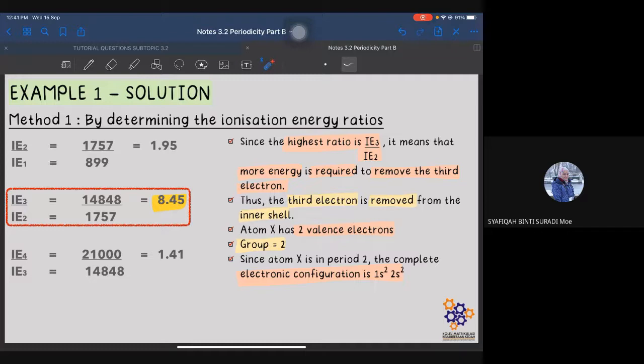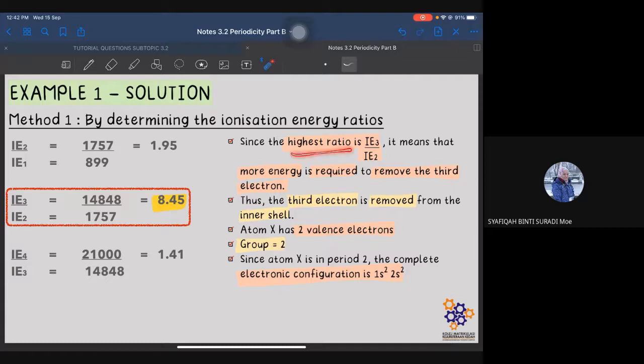Okay. So sekarang ni kita tahu yang the highest ratio here is between IE3 dan juga IE2. Maksudnya bila nak remove the third electron dekat third IE ni, ada sudden increase. Sebab tu ratio dia paling besar. Okay. Maksudnya kita remove the third electron daripada inner electron. Okay. So dekat sini kita explain.